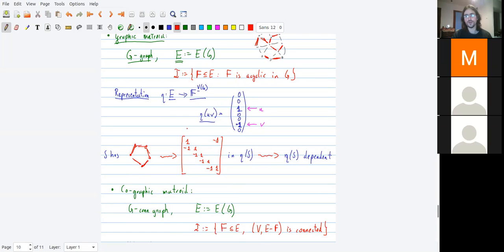For the first edge, I've got a 1 and a -1. For the next edge, I've got a 1 and a -1. Maybe it is reversed, but I can always flip it, it doesn't matter. The next one is again a 1 and a -1, and then I've got a cycle here.